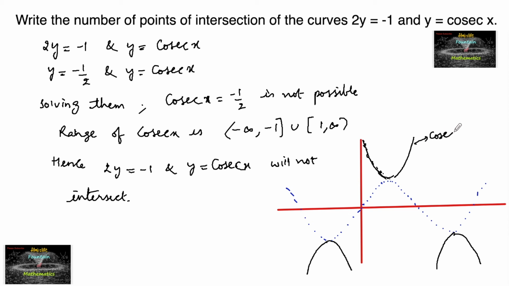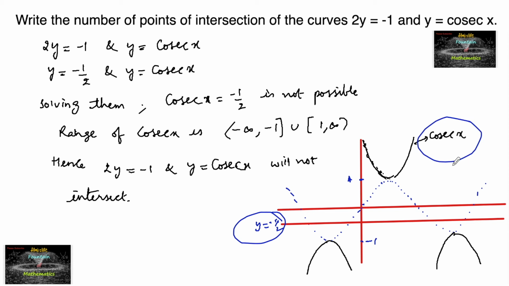This is the cosecant x graph and here is the line y is equal to minus 1 by 2. So you can observe that for no value of x, y is equal to minus 1 by 2. That's the graph of cosecant x, so this is 1, minus 1 and here it is 1, and hence we can conclude that these two curves will not intersect. So y is equal to minus 1 by 2 and y is equal to cosecant x will not intersect, hence no solution.